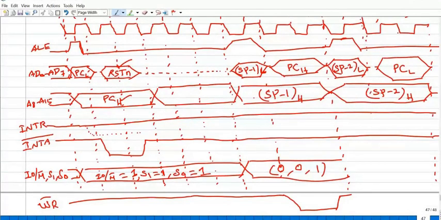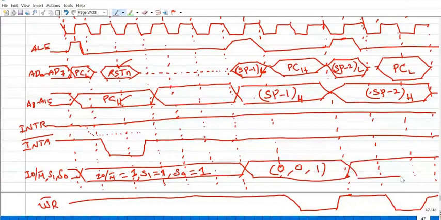So T2 to T3, again, your write bar must be enabled. Okay. So this is also a memory write operation. So 0, 0, 1.